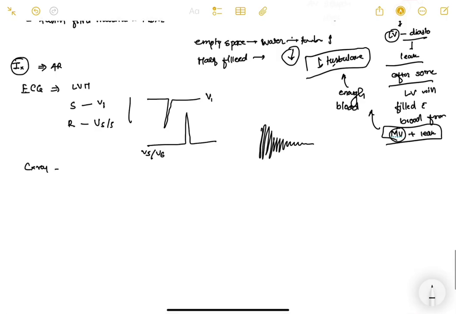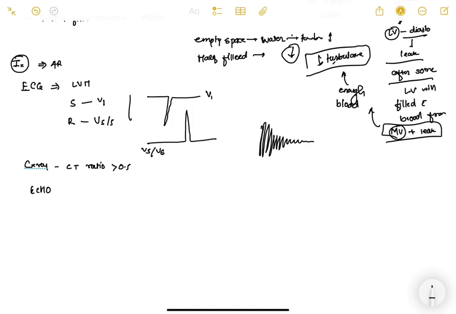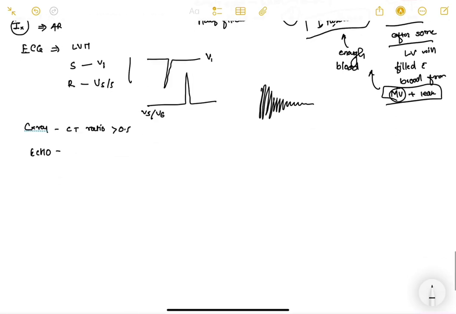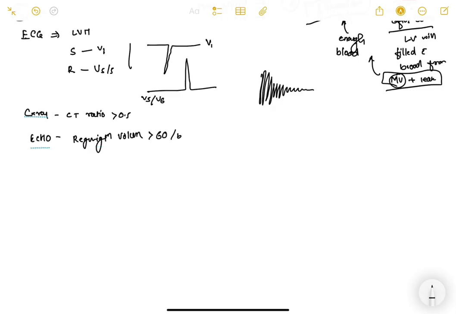Chest X-ray will show cardiothoracic ratio more than 0.5. Echo will show regurgitation volume more than 60 per beat.